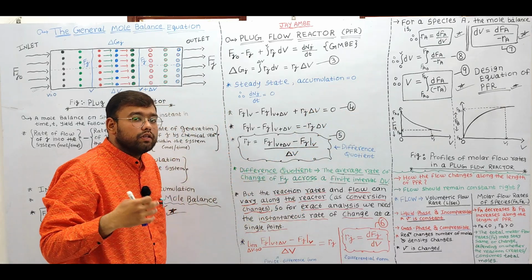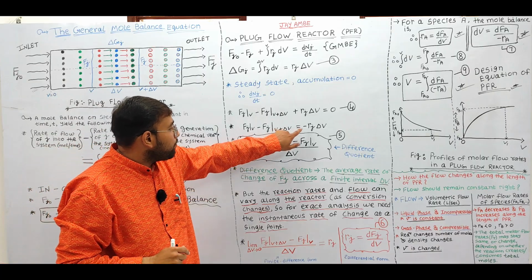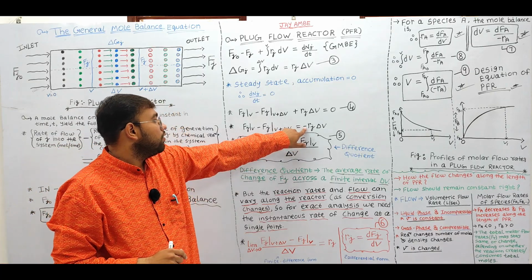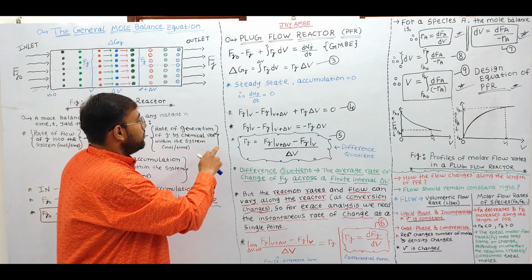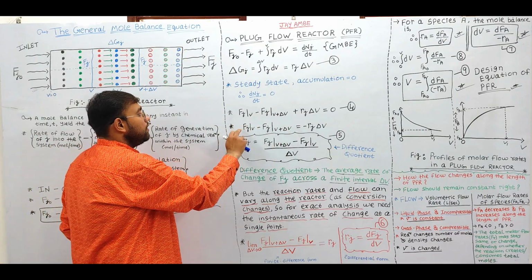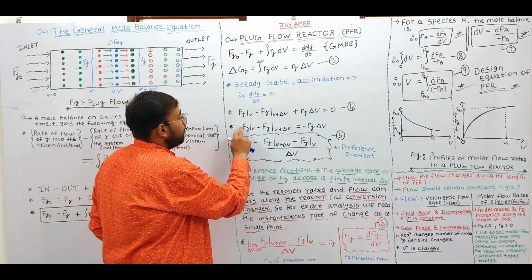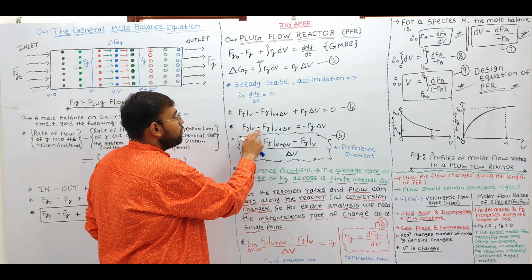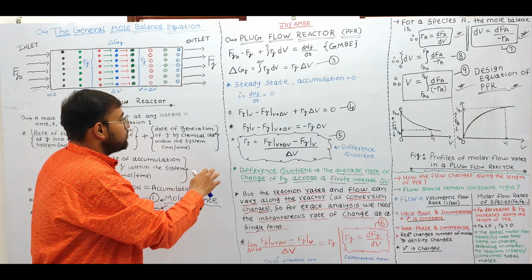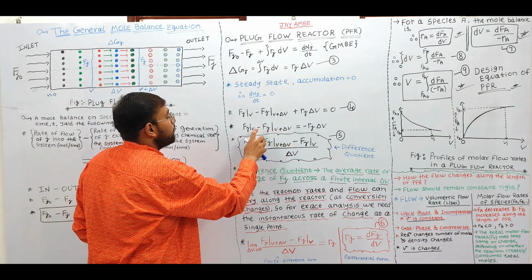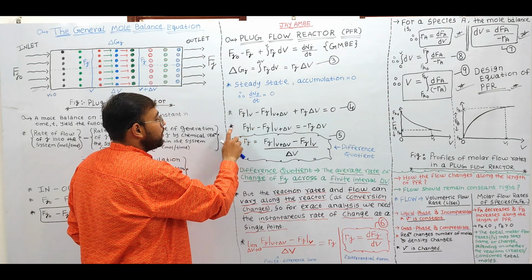Now we shift the negative sign to the left hand side: here we have positive, so minus will multiply, and here we already have minus, so again minus will multiply, and minus minus is plus. So the outlet term will become positive and the inlet term will become negative.